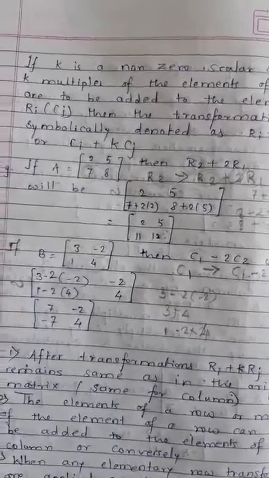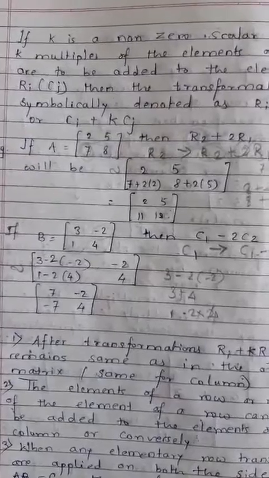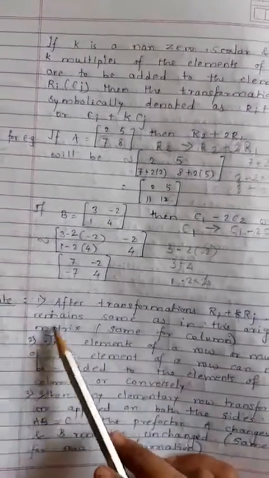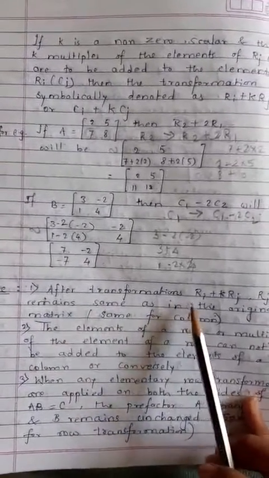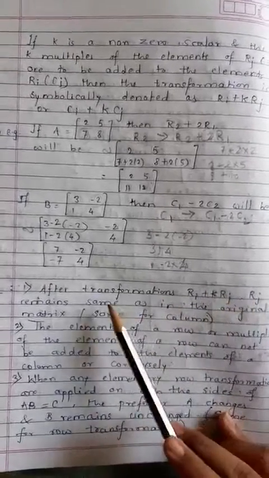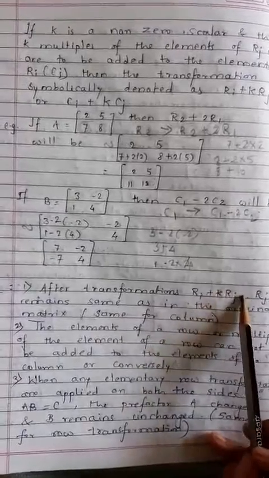Okay, so see carefully what is given, whether a row is given or a column is given. Now let us see an important note. After the transformation Ri plus k Rj, Rj remains the same. So see here, the second one remains the same.